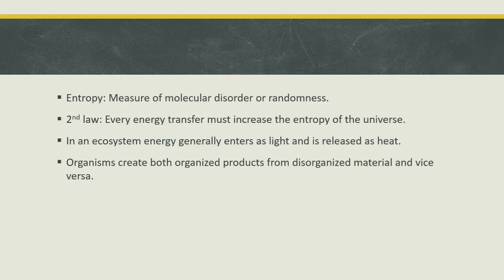Organisms create both organized products from disorganized materials and vice versa. This is something important, and as I told you before, just because some product is organized, it does not necessarily mean that it does not increase the entropy of the universe. Sometimes creating organized things could actually further ensure the production of unorganized consequences, which is also quite crazy.